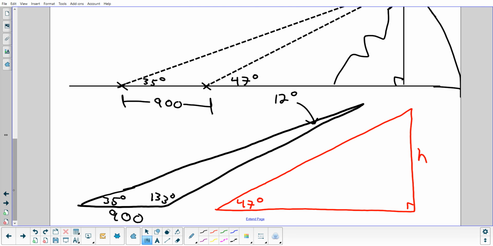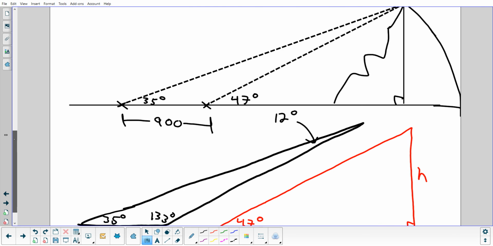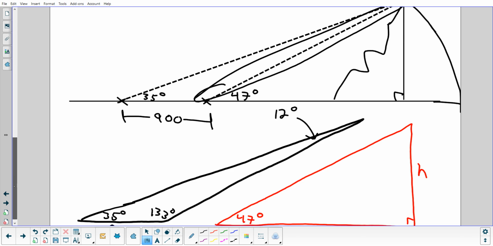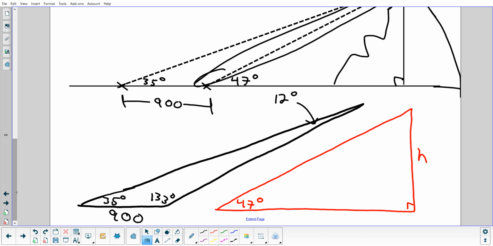You could find the side across from 35 degrees. Find this side. Because if you find the length of that side, which you can do in the black one, it's the same as the hypotenuse in the red one. They're the same side. And then you'll know a side in the red triangle. Finding the height's easy from there.